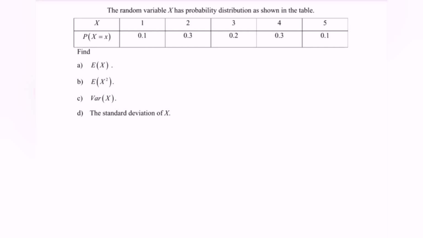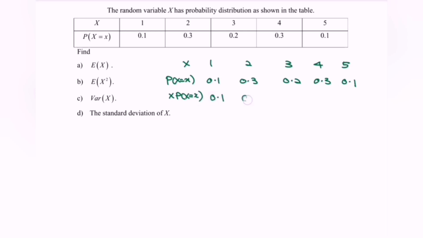Kindly refer to the table, where we have the random variable, and we have the probability, and we have another row, x multiplied by the probability, and another one where we have x squared multiplied by the probability.